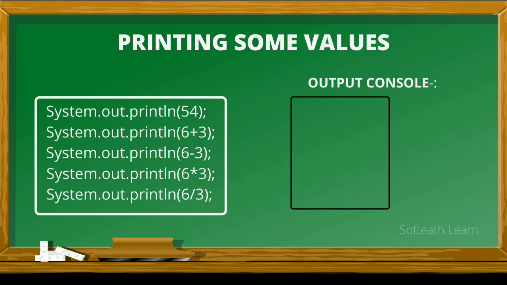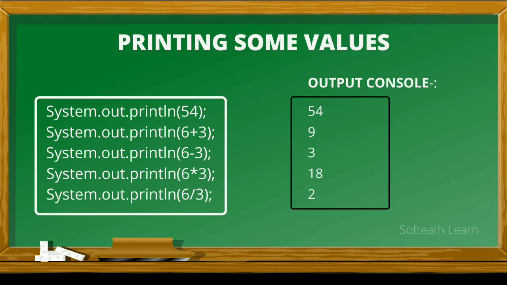So if we run this Java program, we are going to see the following output. First of all, it prints 54 and gets a new line. Then it calculates 6 plus 3 and prints the value in the console window, which is 9. Similarly, the values of 6 minus 3, 6 multiplied by 3 and 6 divided by 3 are calculated and printed on the console window respectively.